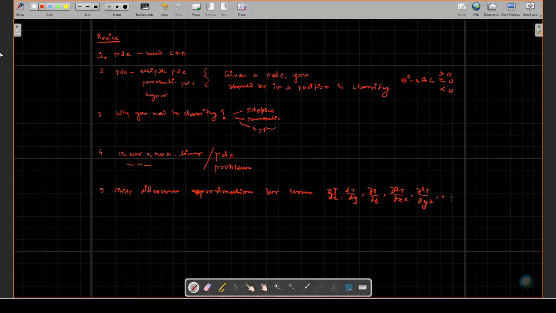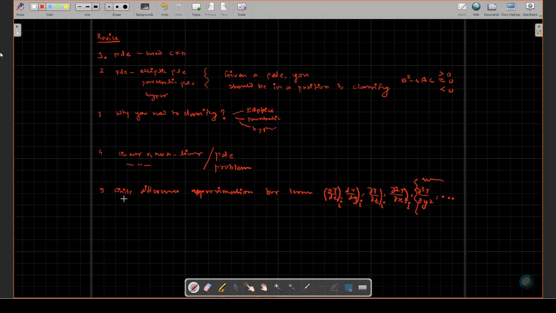For all these terms you should be in a position to calculate the finite difference expression at a particular point. For higher order terms, generally we do not come across more than two.